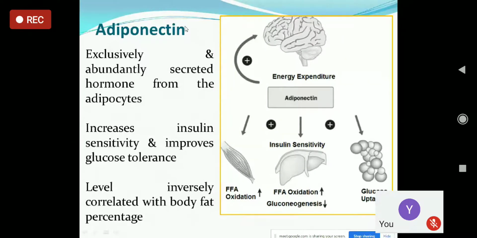The adiponectin, which carries out all these good functions, is present in little amount. Adiponectin levels decrease as the body weight increases.